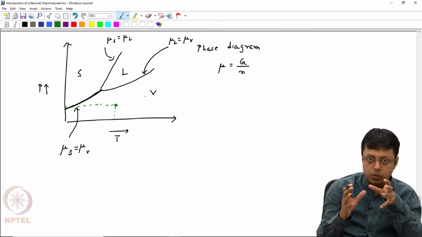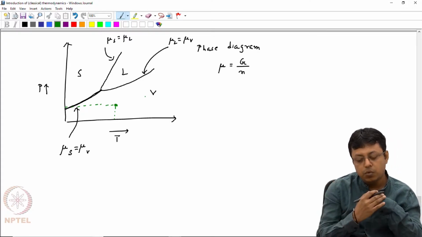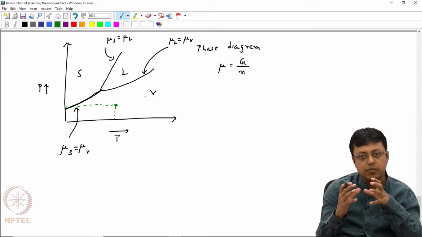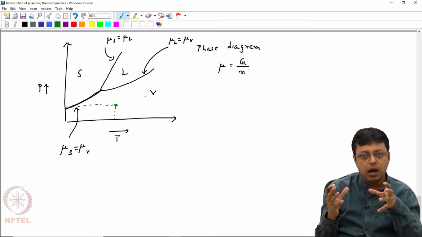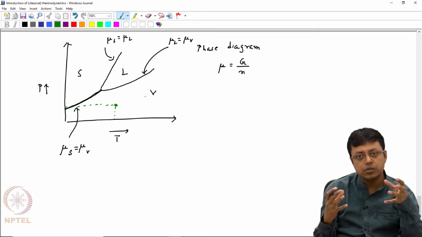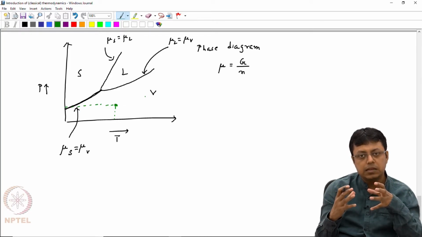So the substance will actually exist as a vapor. So for various substances we draw a phase diagram, because the phase diagram is very fundamental to our understanding, and it gives you every piece of information about how one phase gets transformed to the other phase and under what conditions a particular phase is stable.